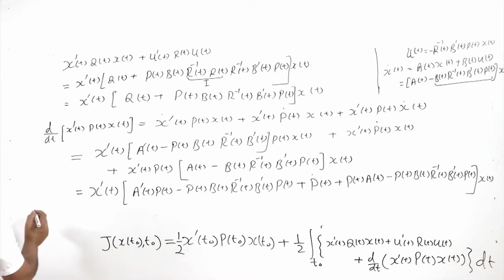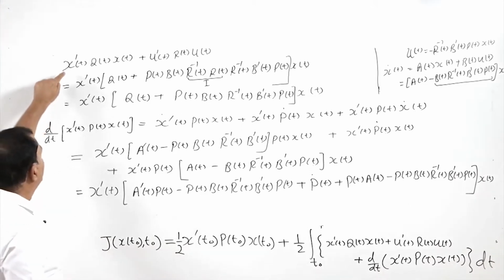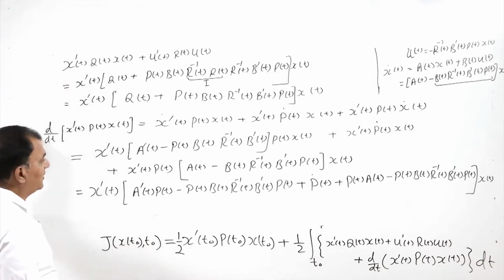So now what can I write for this J? Now what I have to do? I have to add this term plus this term with dt.